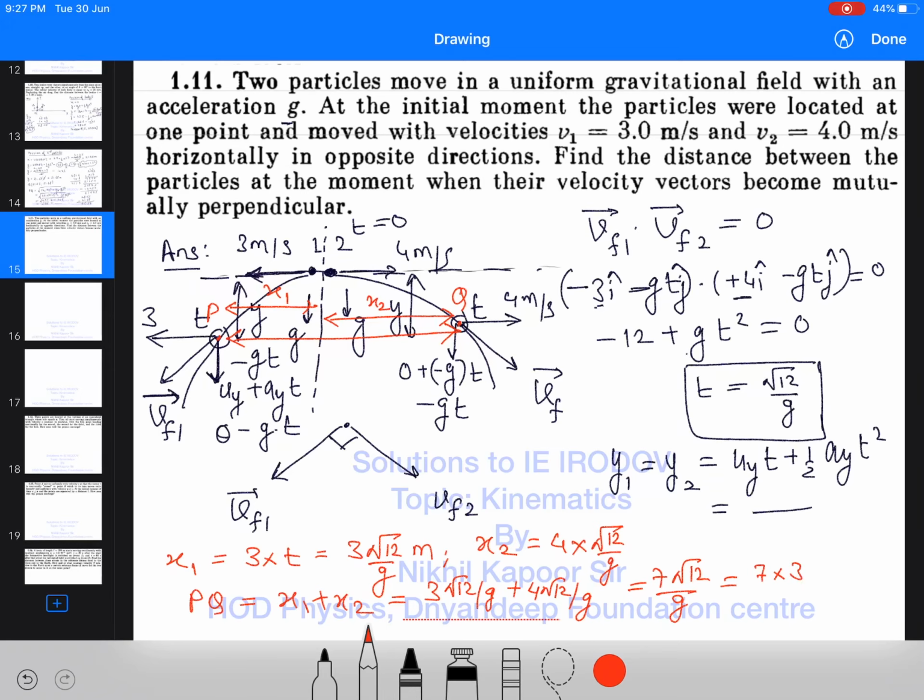So let's make it 3.4 divided by 10. I have taken root 12 approximately. Now 7 4s are 28 and 2 carry, 7 3s are 21, and 2 will be 24.8 divided by 10. So this comes out to be 2.48 meter.